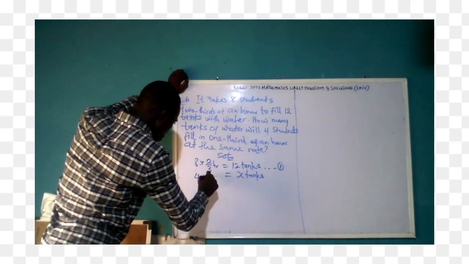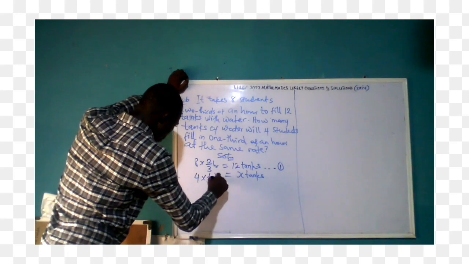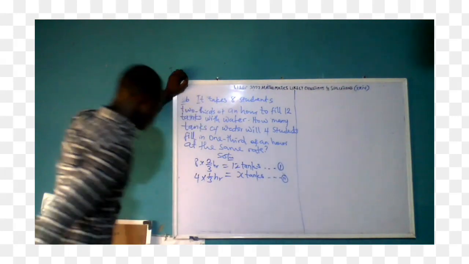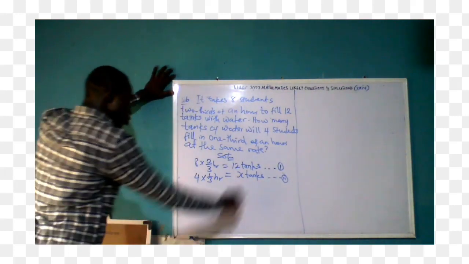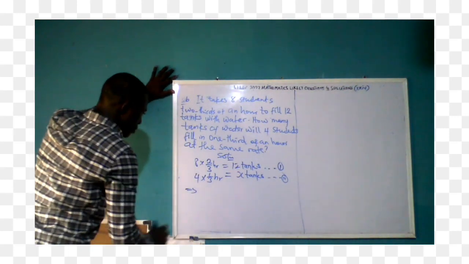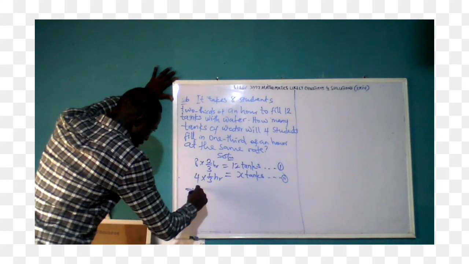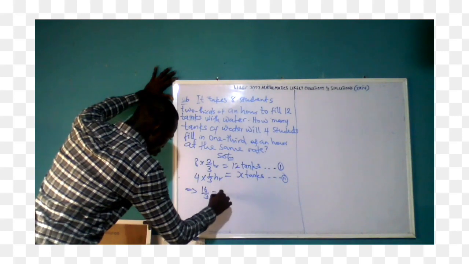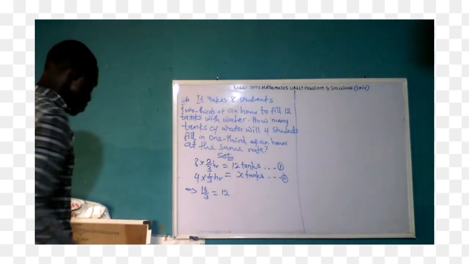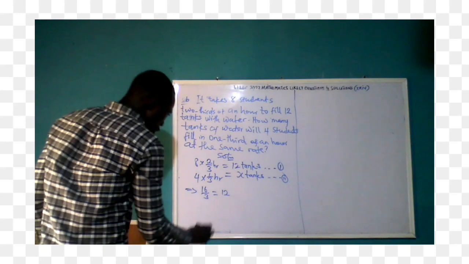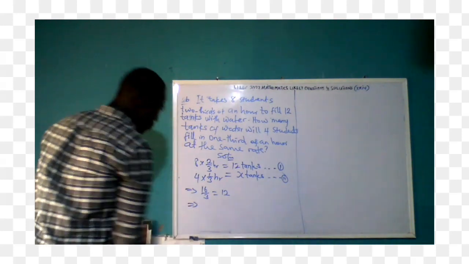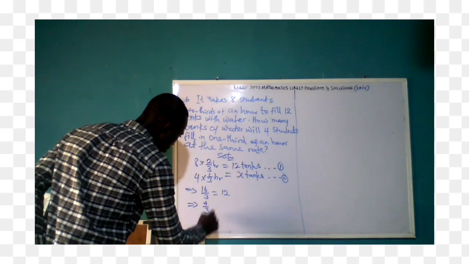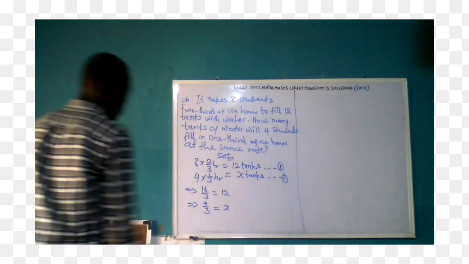Call this equation 2. If you simplify equation 1, 16 all over 3 is equal to 12. Also, if you simplify equation 2, 4 all over 3 is equal to x.